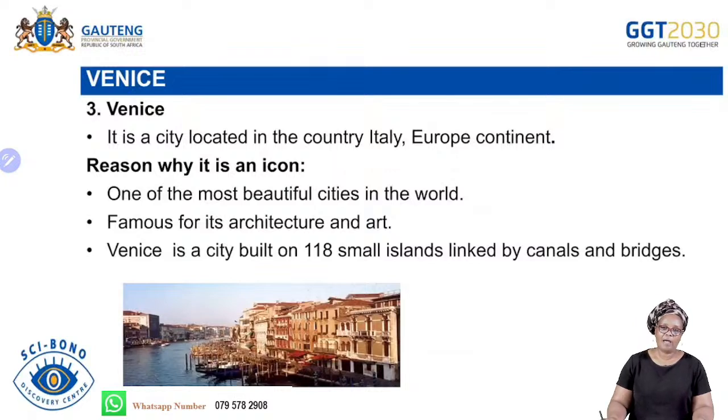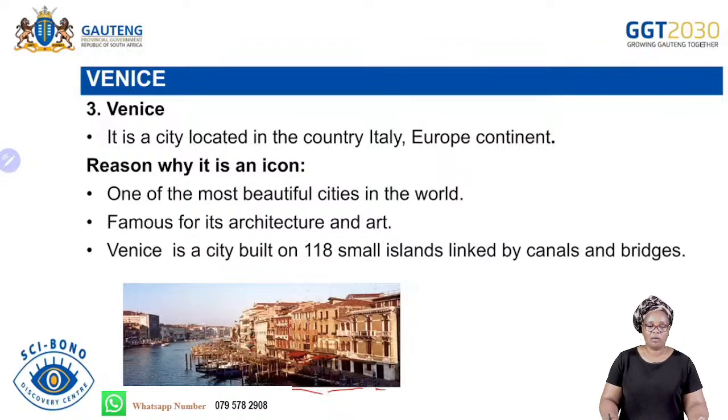The reason why it is an icon is because it is one of the most beautiful cities in the world. Look at the picture here. So beautiful. You can see that we have water around. We'll talk about that soon.